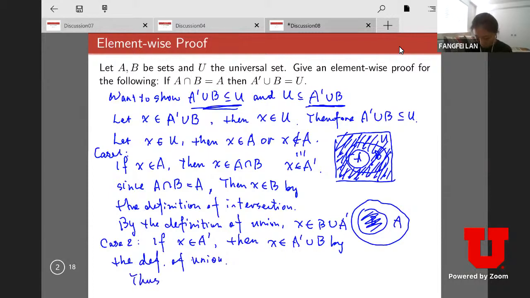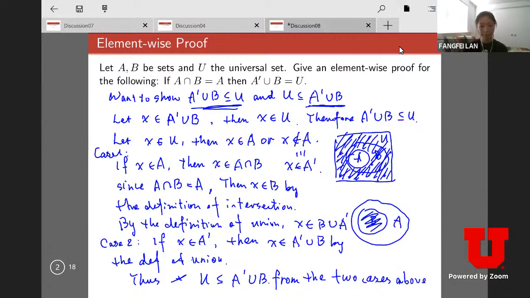Thus, U is a subset of A complement union B from the two cases above. And from here, you can write a conclusion that from what we've just shown, A complement union B is equal to U.